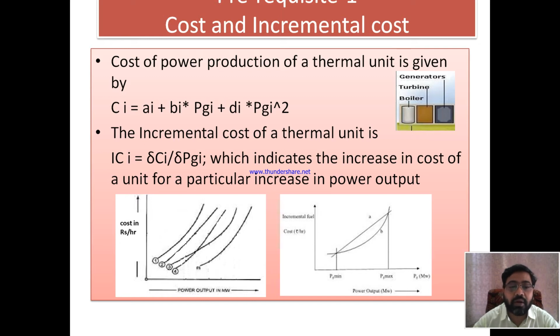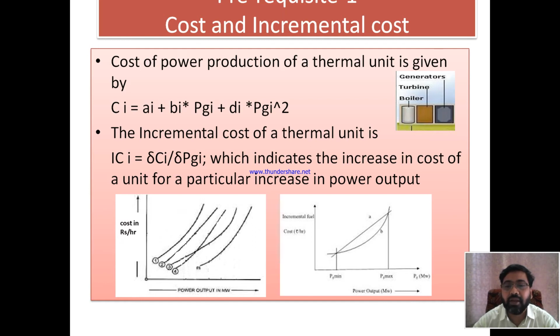You can see that 1, 2, 3, 4, M are different generators. The incremental cost is shown to the right side by the curve A. The right side curve diagram indicates B is the cost curve and A is the incremental cost curve.